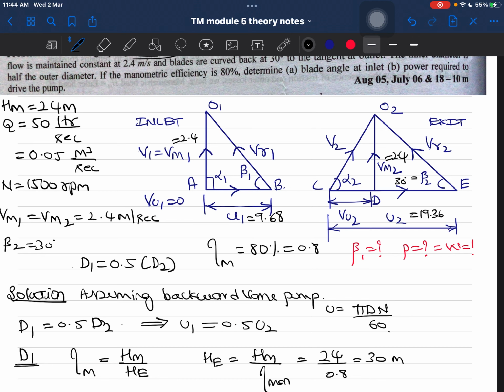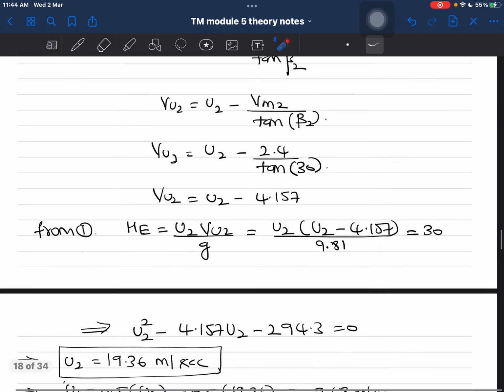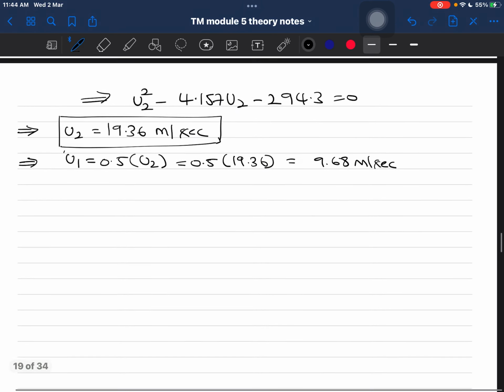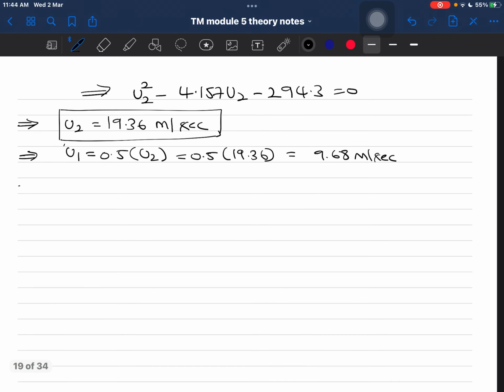Now Vm1 was already given. U1 you have calculated. Now you can calculate the inlet blade angle, beta 1. So applying tan, tan of beta 1 is equal to the opposite side Vm1 divided by U1.